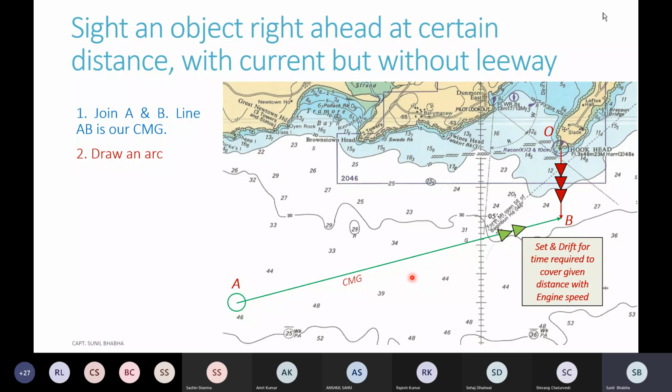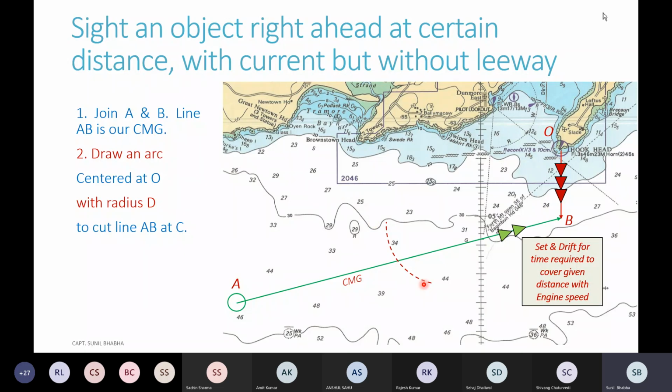So let's draw that arc. You can see the arc plotted on the chart now. This arc is centered at O, which is our object, and the radius of this arc is equal to the distance at which it should be sighted right ahead.